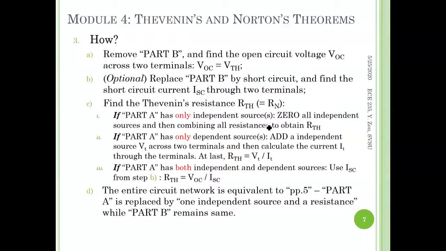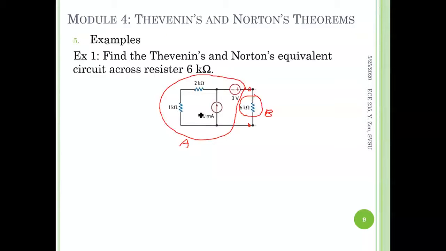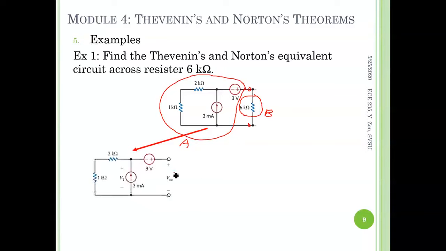We have a workflow provided here. Remember to follow it. By reading here, step A is remove part B and find the open circuit voltage VOC as our Vth across those two terminals. So this is the VOC here.